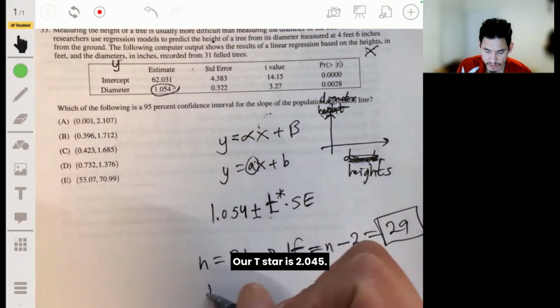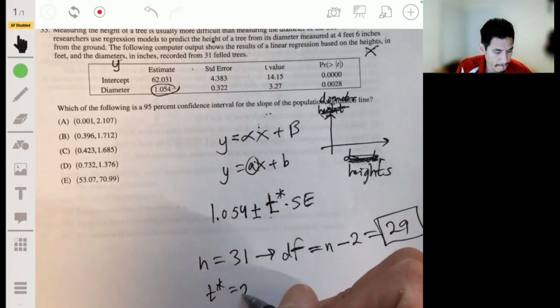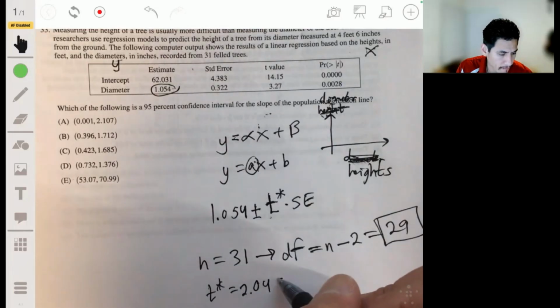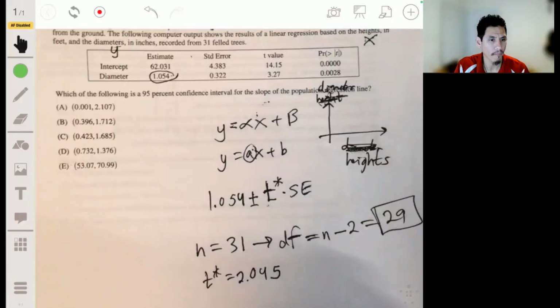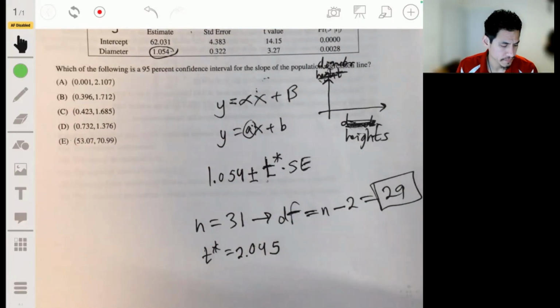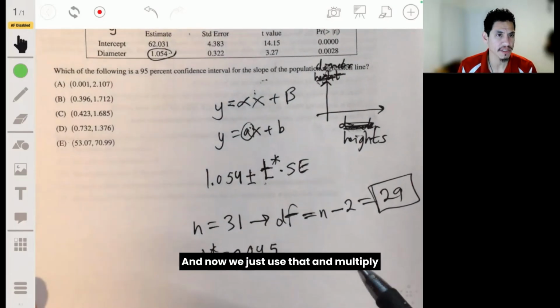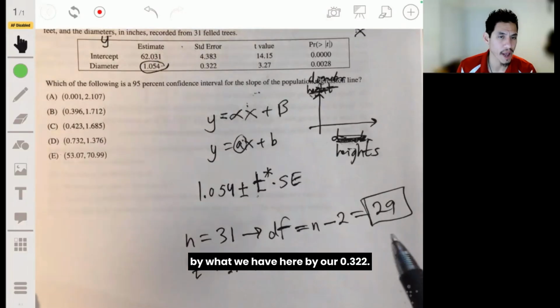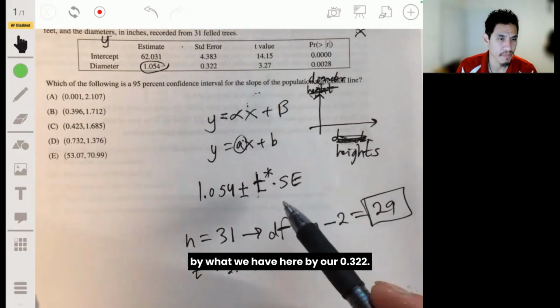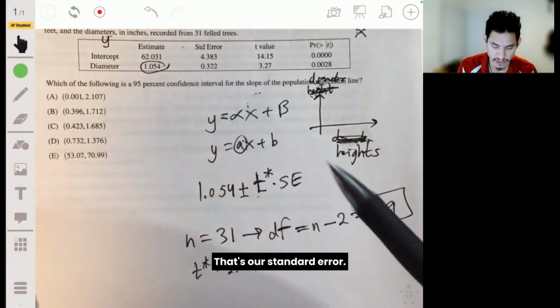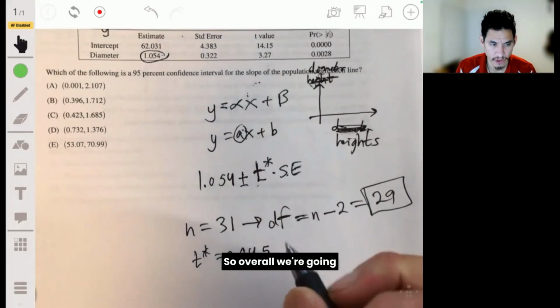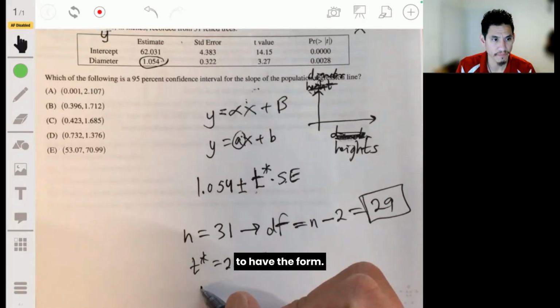Our T star is 2.045. And now we just use that and multiply it by what we have here, by our 0.322. That's our standard error.